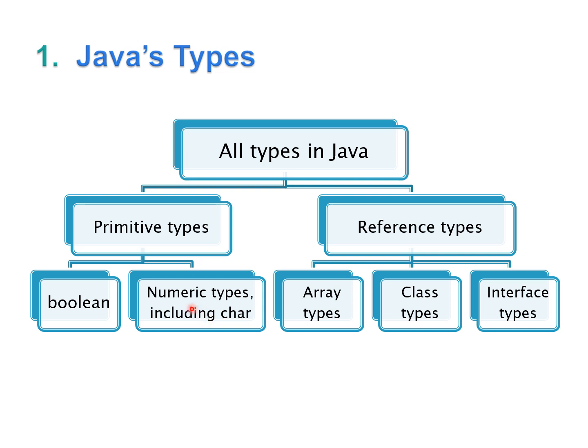Any type other than these primitive types are reference types. The reference types include array types, class types, and interface types. In this video, we will focus on array types.